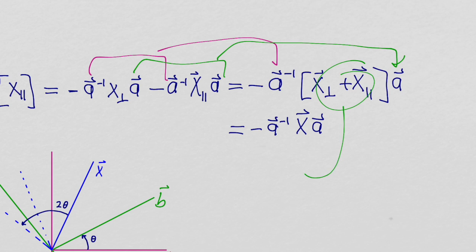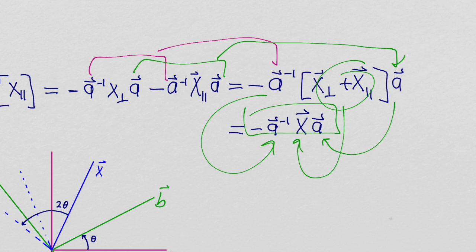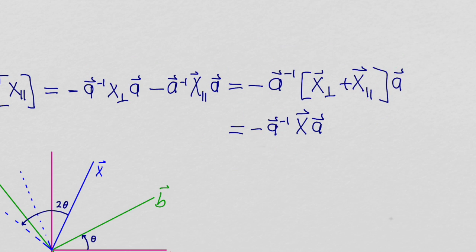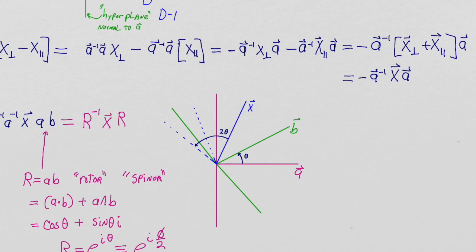This becomes X, then you get A and minus A inverse, and this is the formula for the reflection. So this beautiful formula is a pretty simple formula for reflecting X in the hyperplane that is orthogonal to the vector A.